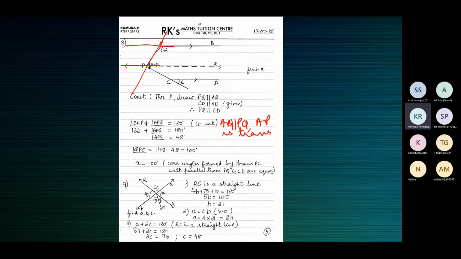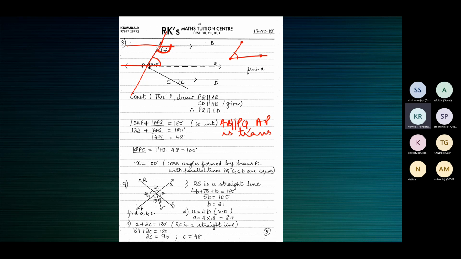So AB is parallel to PQ and AP is the transversal. So this angle which is called BAP and this angle which is called APQ.